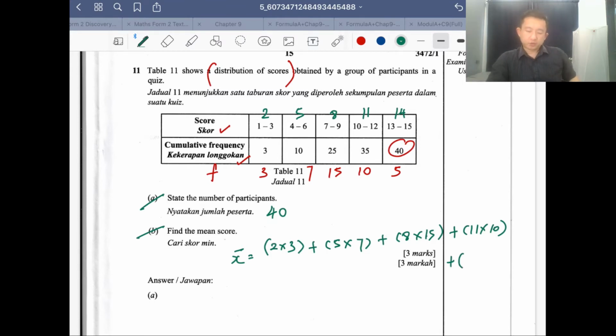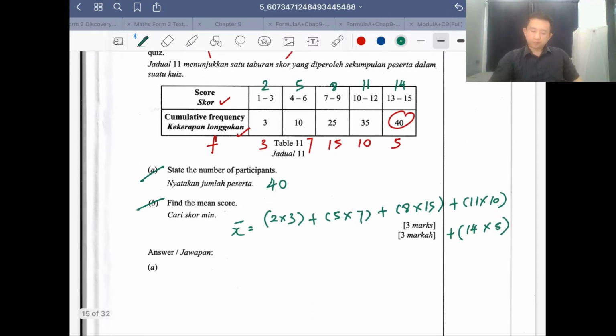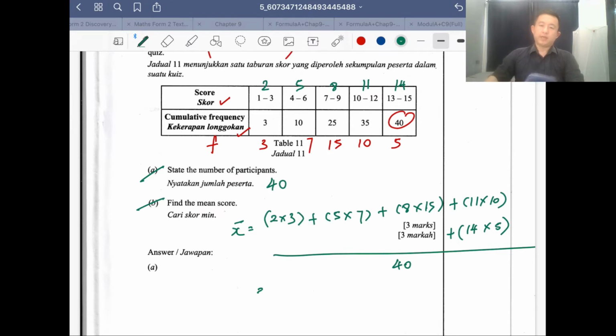You look at the frequency, not the cumulative frequency. 10, 20, 40. Okay, and divided by 40. 8.525. The mean score.